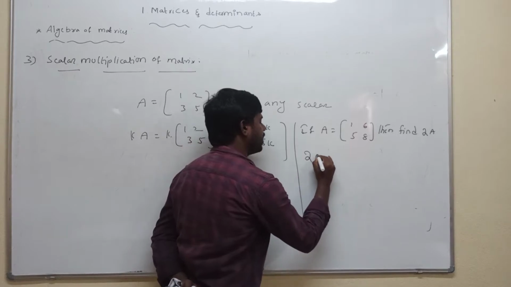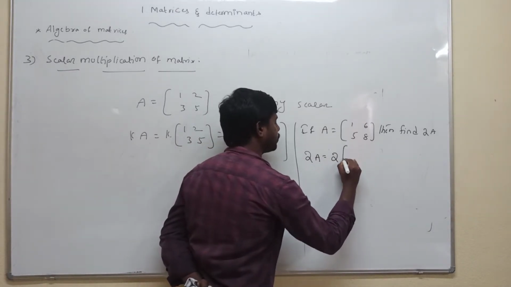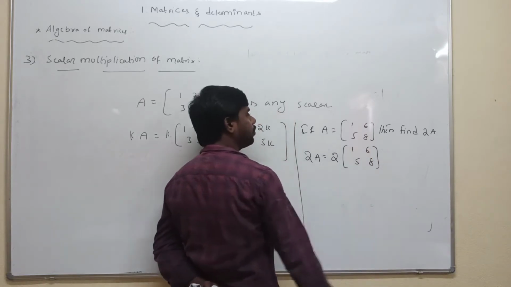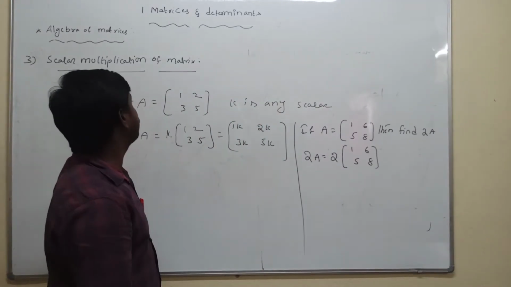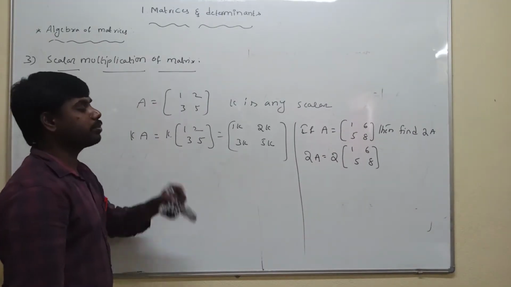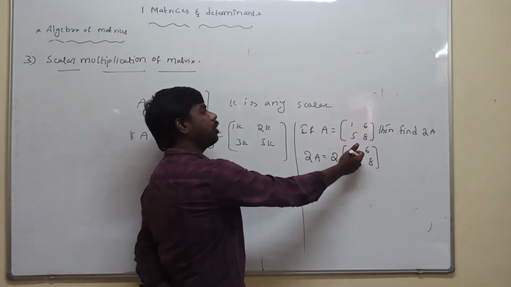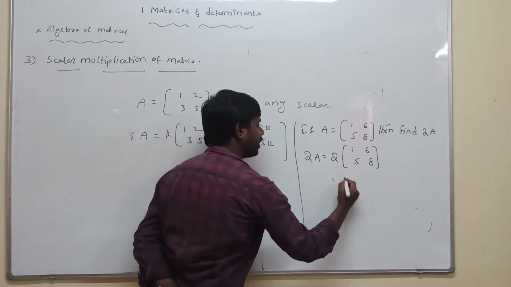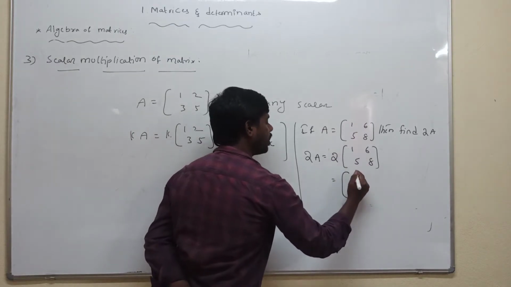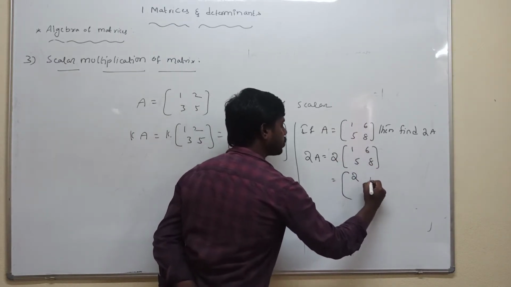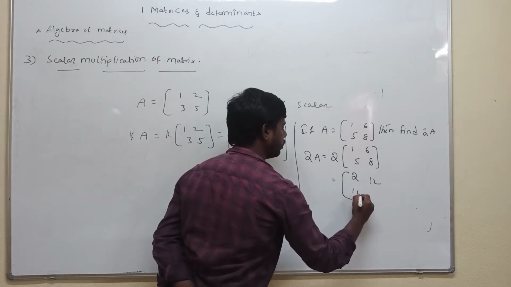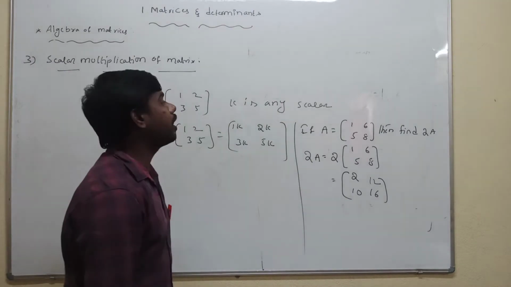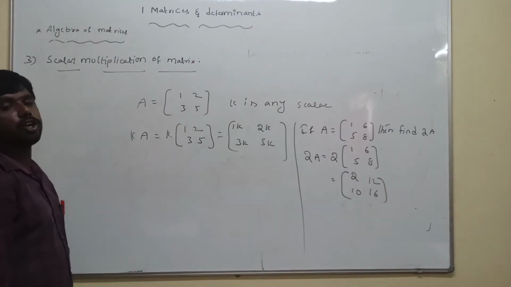To find 2A, substitute the matrix A, and each element is multiplied by 2. So we get 2 times 1 is 2, 2 times 6 is 12, 2 times 5 is 10, and 2 times 8 is 16. This is the condition for the scalar multiplication of a matrix.